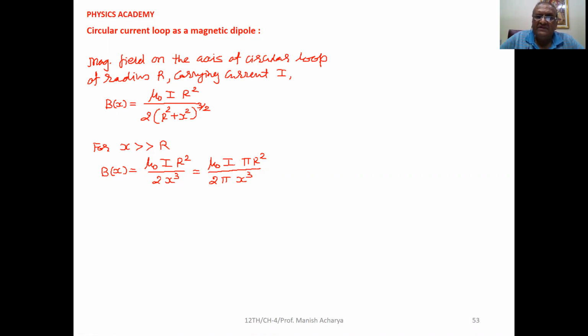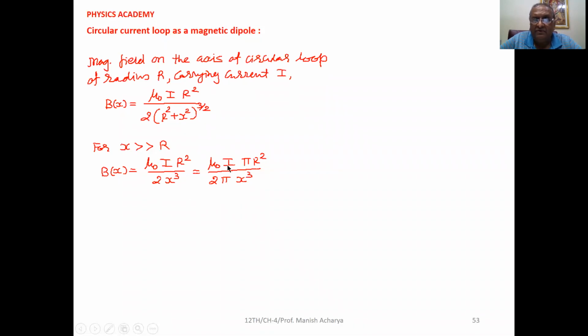Now here we want to represent it as a magnetic dipole. So if we represent the equation of its magnetic field in terms of magnetic moment, then we can say the circular loop is a magnetic dipole. To introduce magnetic moment here, magnetic moment is I into A, the area of the loop. So here multiply and divide by pi.